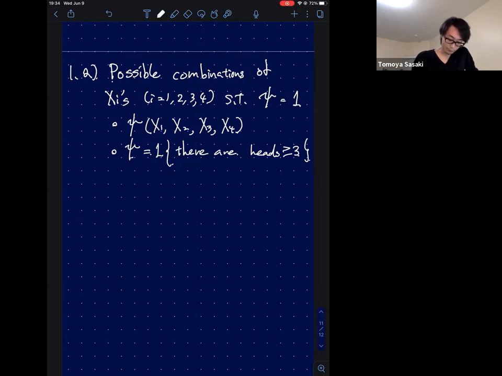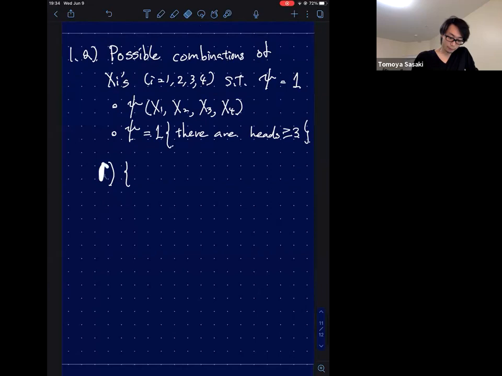So let's go directly. I'm going to provide one example of this. Can someone try what these values should be? Can someone give me one example of this?